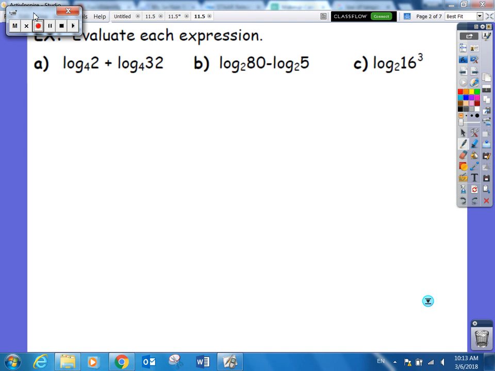So this one says evaluate, so we're going to have a value. So what we've been doing before, we could say 4 to the what equals 2, 4 to the what equals 32. We could do those separate, find those values, and add them together.